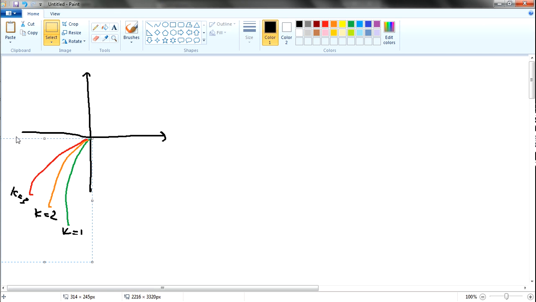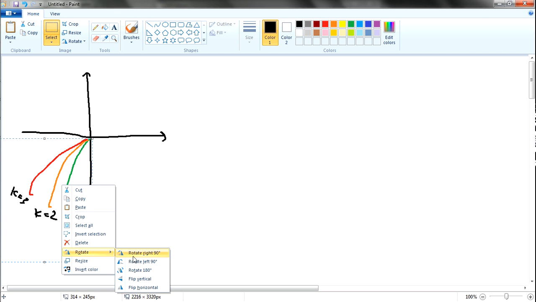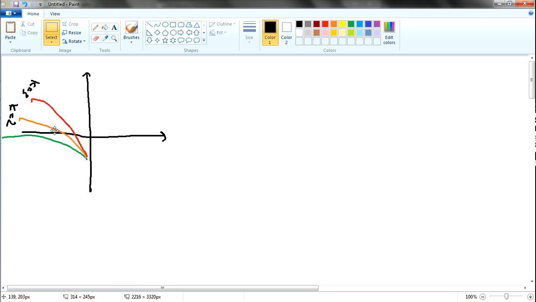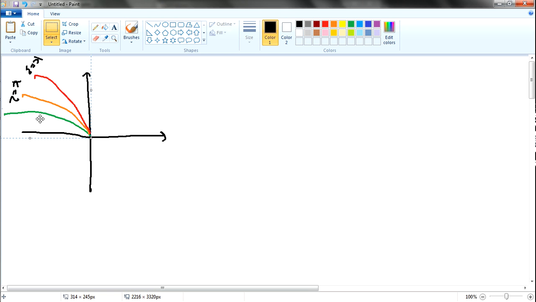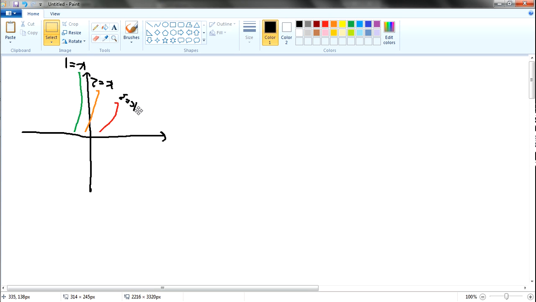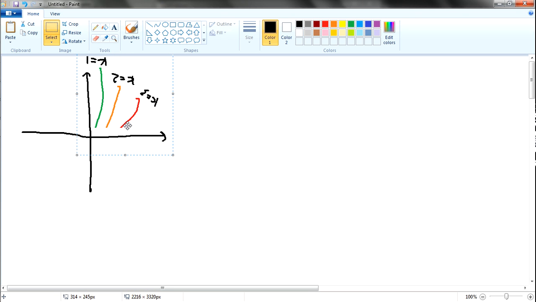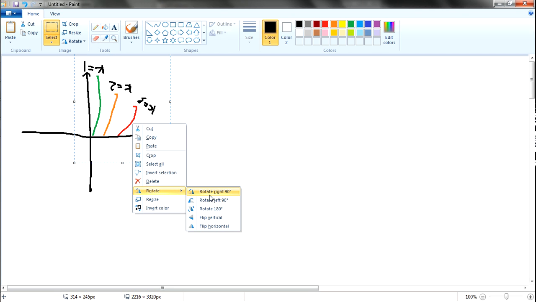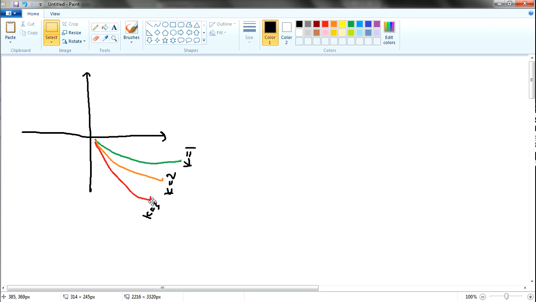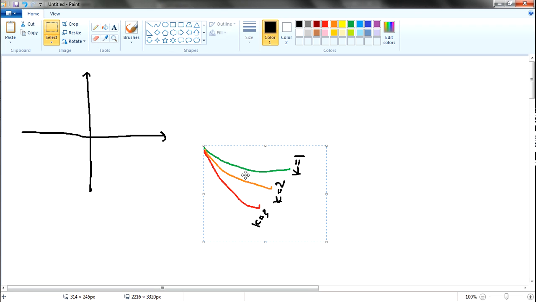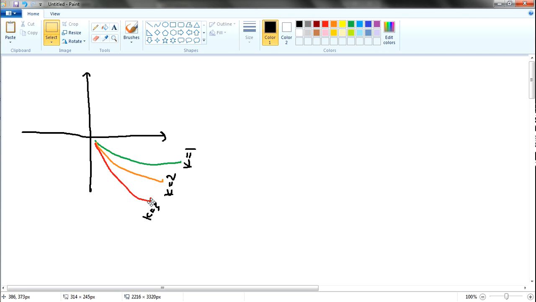You just remember the very first picture, when you're coming in this direction. Just remember this piece: k equals 1, k equals 2, k equals 3 at this section.